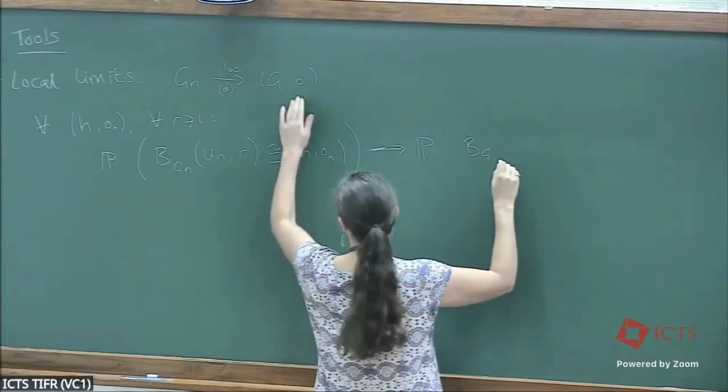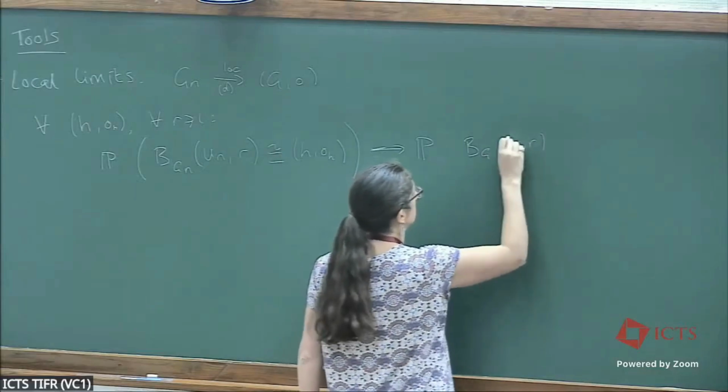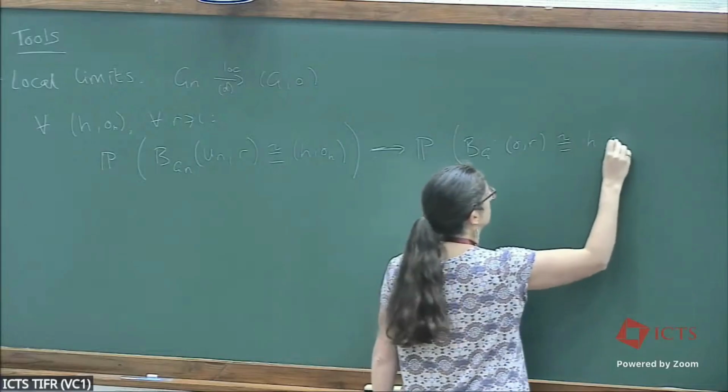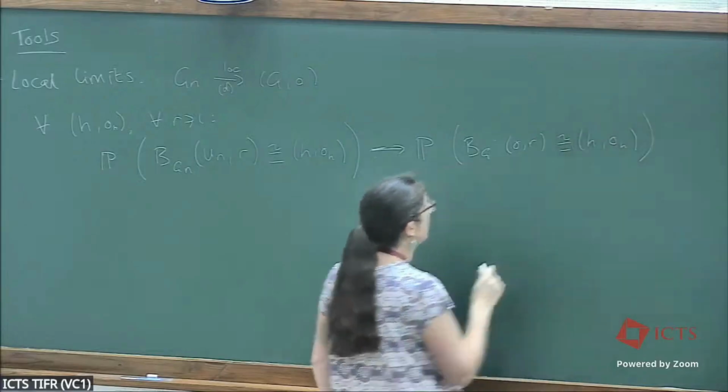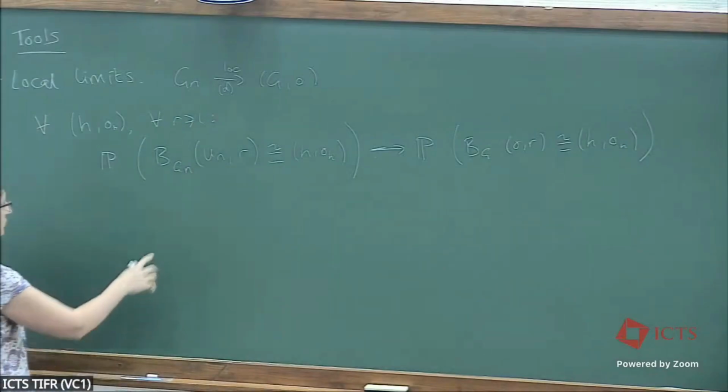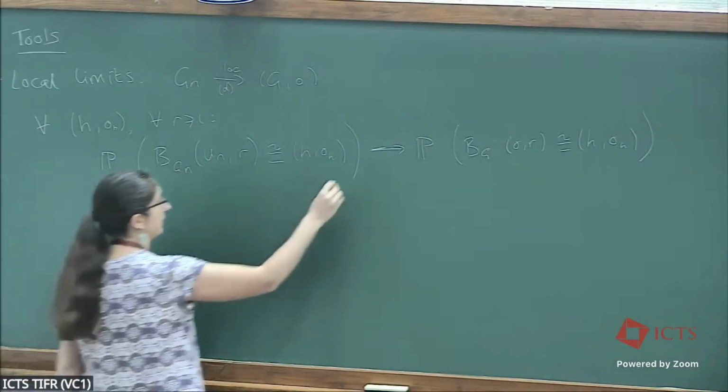But now we have a fixed root. And the idea is that this is true for any fixed R, okay? So you fix R and then you take n to infinity.